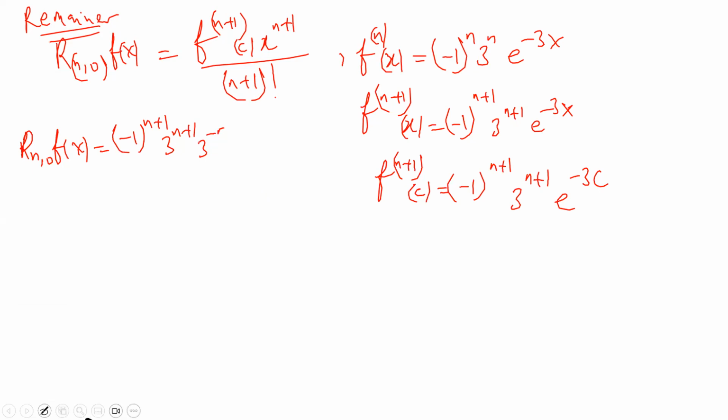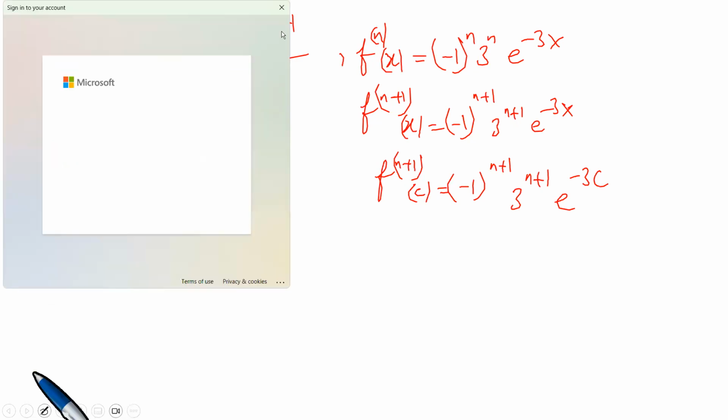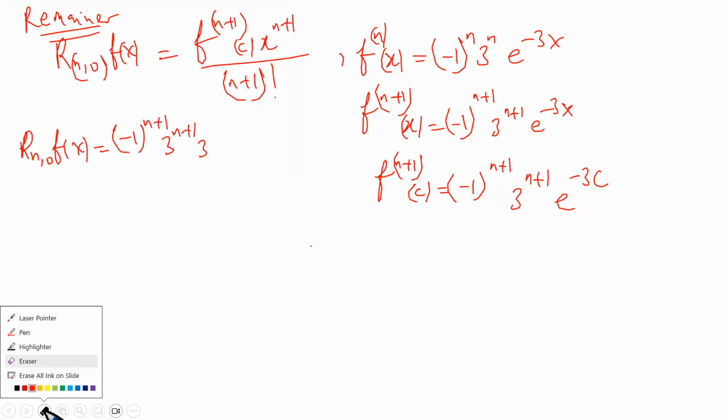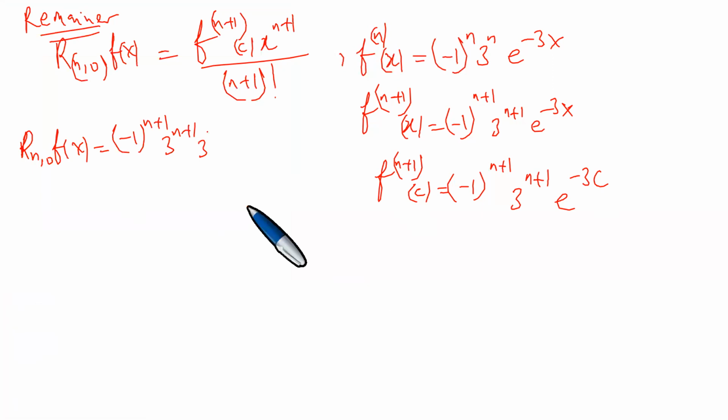So we have this. Remove this pop-up. Okay, get this. Now in the place of f of c, we put this. So now you have this, then this one is minus 3c. Then it is x to the n plus 1 divided by n plus 1 factorial.